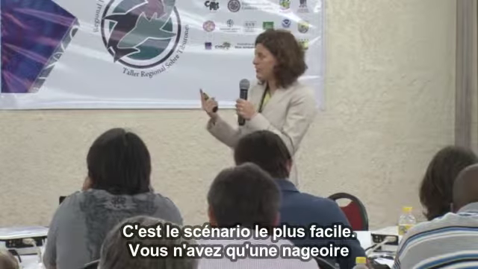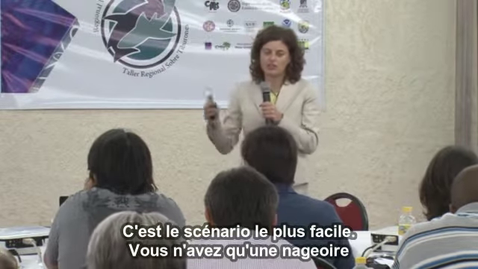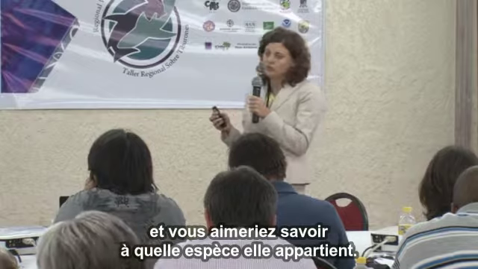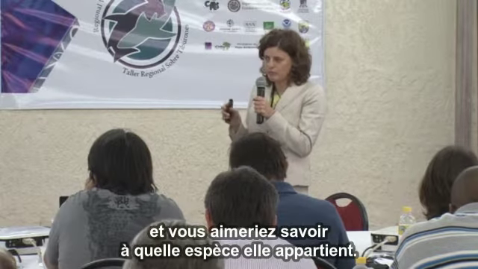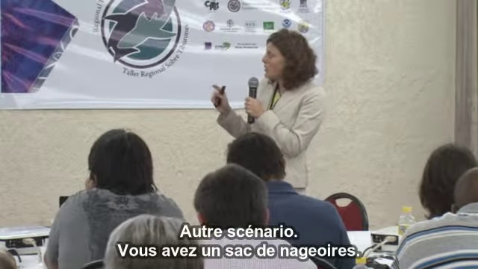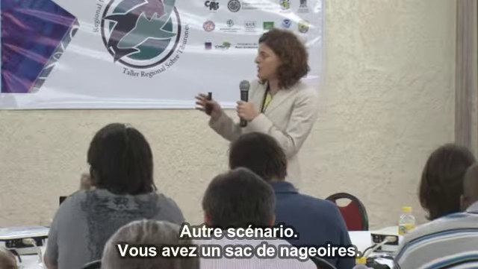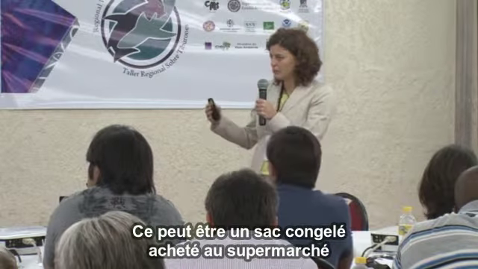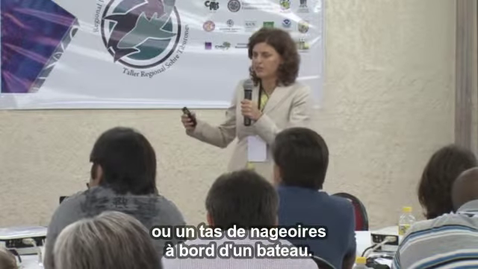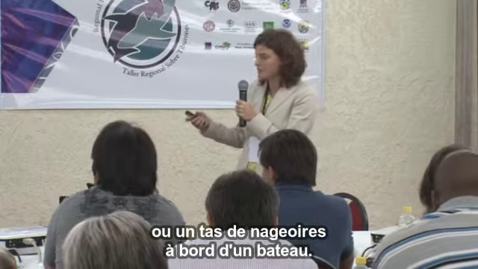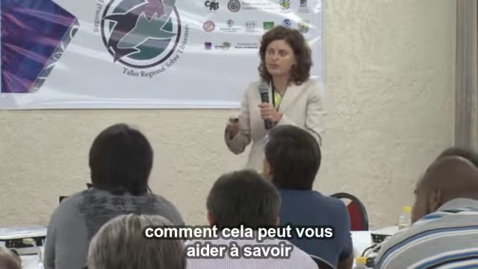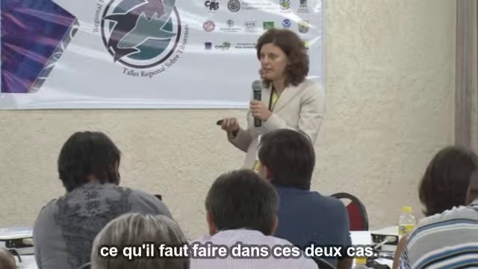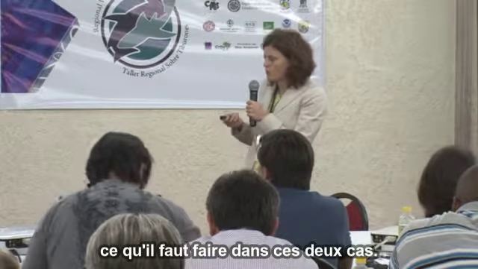If you have only one fin, that is the easiest scenario, and you would like to know to which species it belongs, or a different scenario, so a bag of fins that can be frozen fins at the market, or a bag of fins directly on board of a vessel. So we would like to explain a method that can help you to know what to do in these cases.